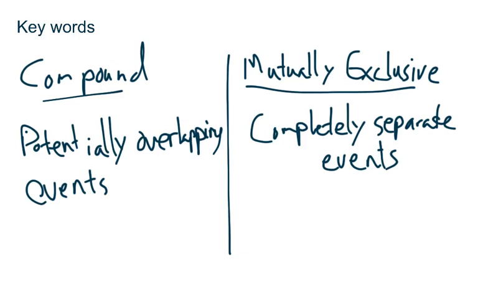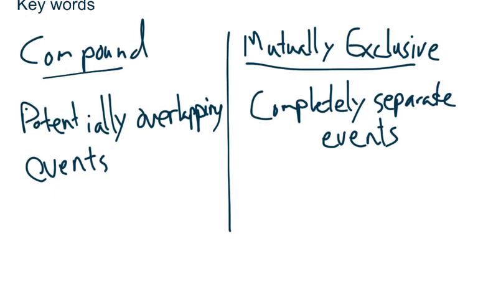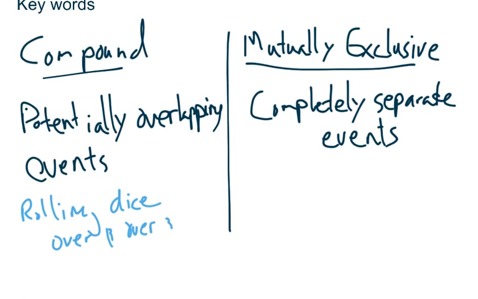All right. Now, an example of a compound event could be something like rolling dice over and over again, where we are just doing the same thing time and time again. And so the probability of rolling the dice is just going to get repeated over and over.